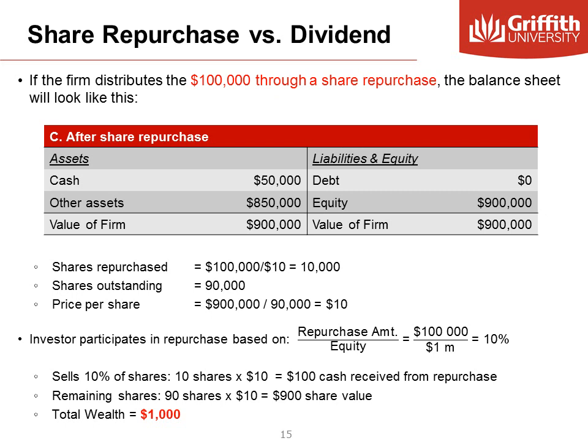The end result is that the value of the firm stays the same as with the cash dividend, at $900,000.